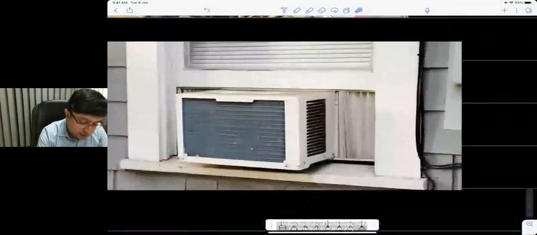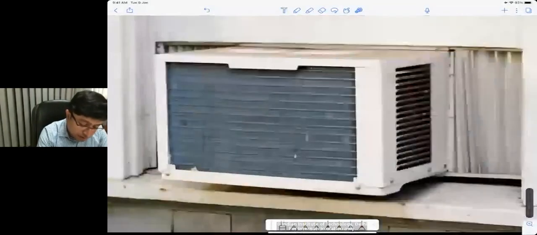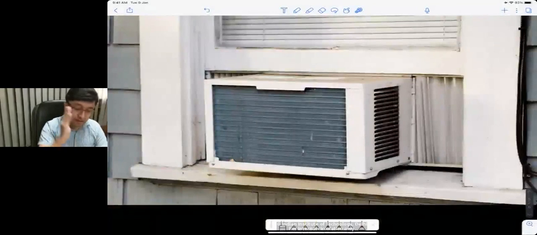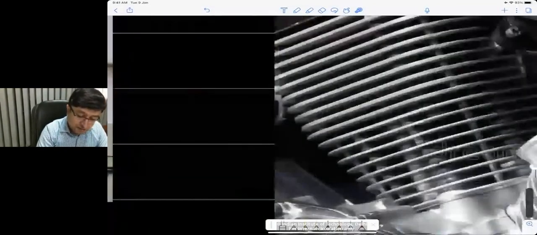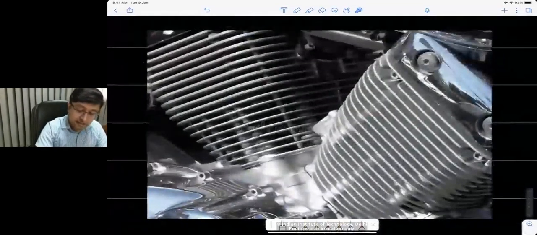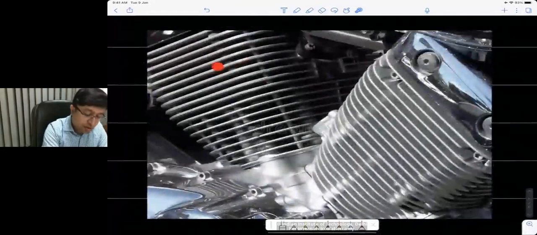The same thing happens in the air conditioner. You don't just have tubing, you also have, on top of the tubing, a thin mesh, so that air can flow through it. And finally, in the engine cylinder, these structures are more prominent, and air can go in and pull out heat.